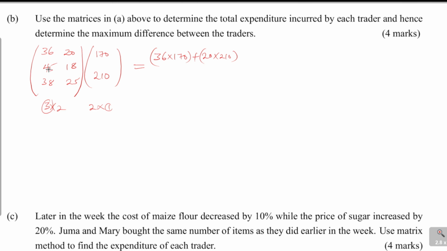So we go to the second row, where I have 45 times 170 plus 18 times 210. We go to the third row, 38 times 170 and then 25 times 210.